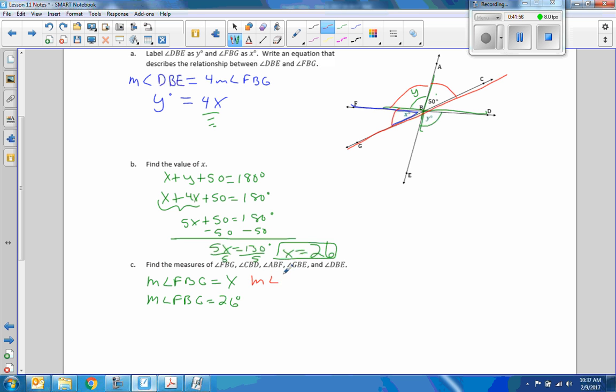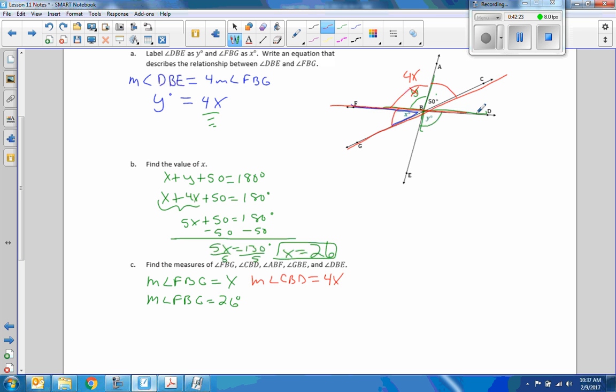The measure of angle CBD equals FBA, which was y, and y is 4x, so I'm doing two substitutions, okay? y equals 4x, so I can call this 4x, right?